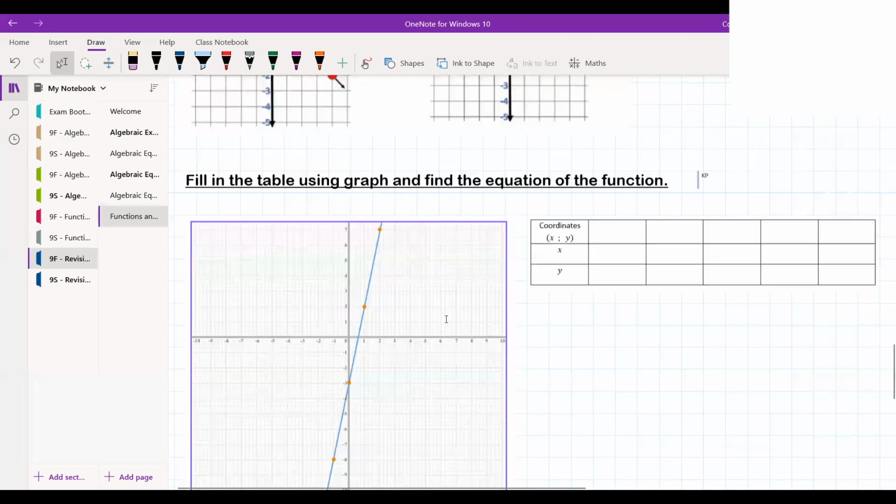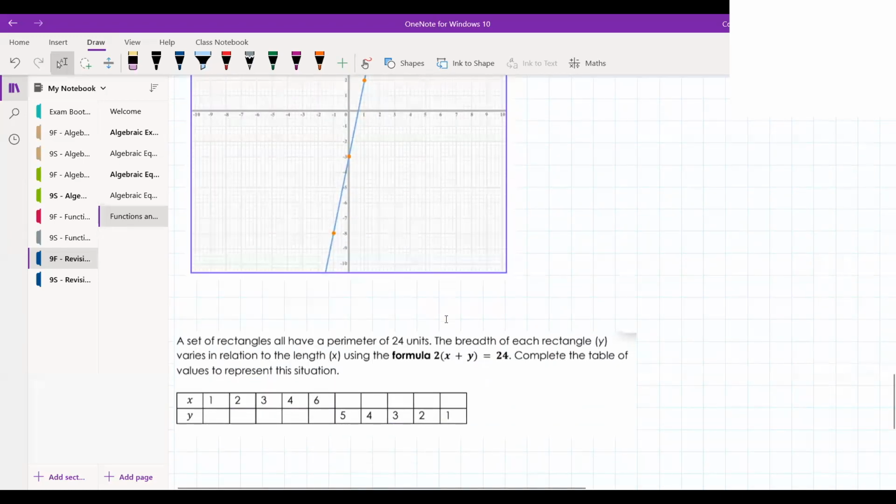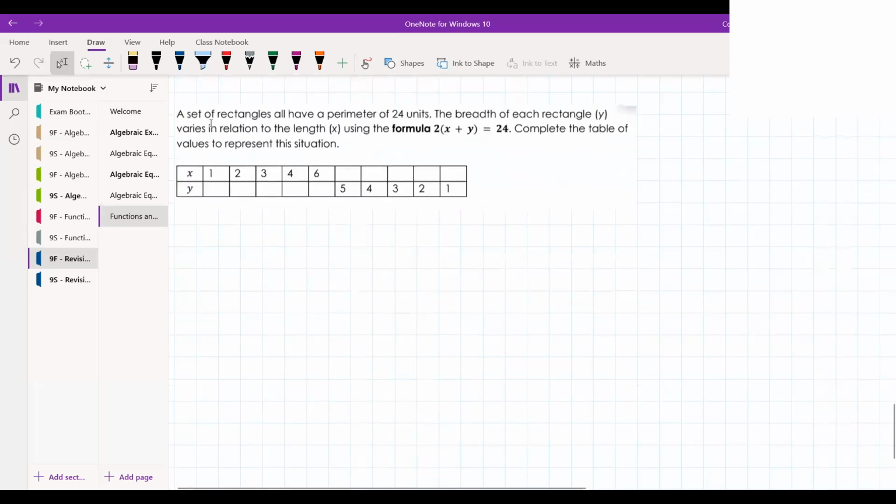I want us to go ahead and try. Let's see. Let's try this one here. All right, it says here, a set of rectangles all have the perimeter of 24. The breadth of each rectangle, y, varies in relation to the length of x.